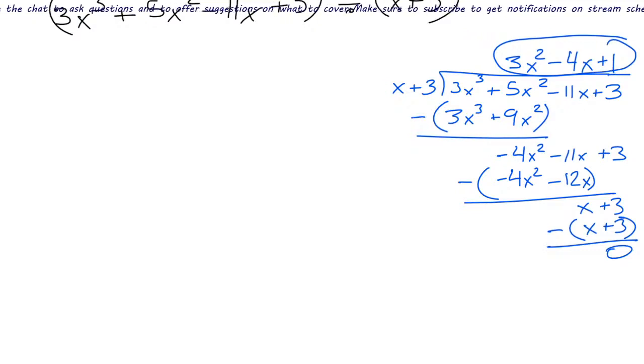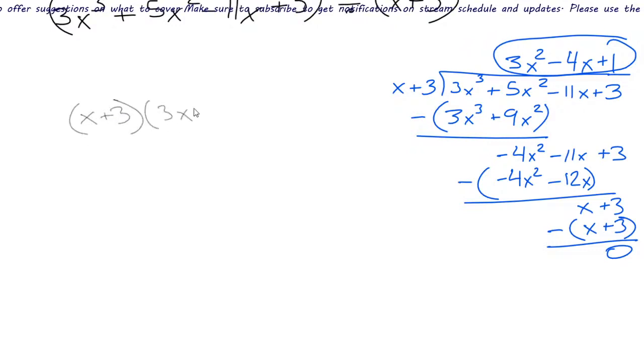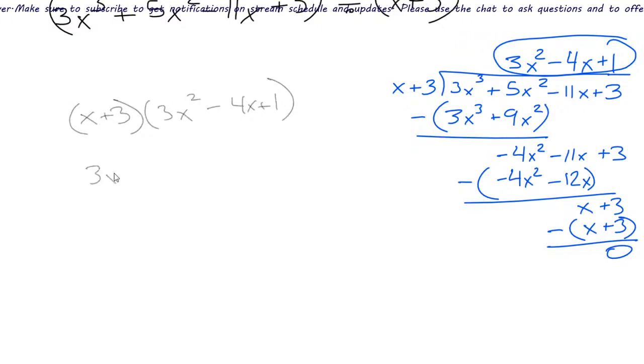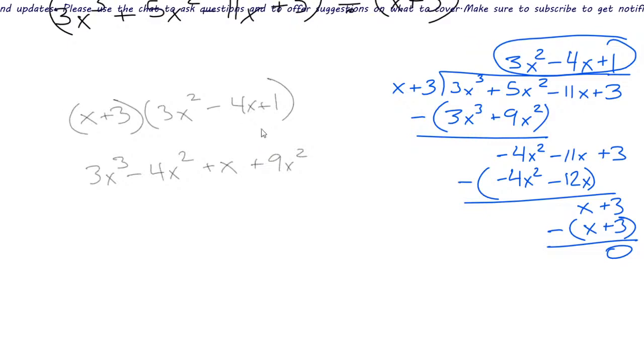Now if you want to do a check real quick, x plus 3, what was our divisor, times our answer. X times 3x squared, 3x cubed. X times negative 4x is negative 4x squared. X times 1, positive x. 3 times 3x squared is going to be positive 9x squared. 3 times negative 4x is going to be negative 12x. And 3 times 1 is just going to be positive 3.